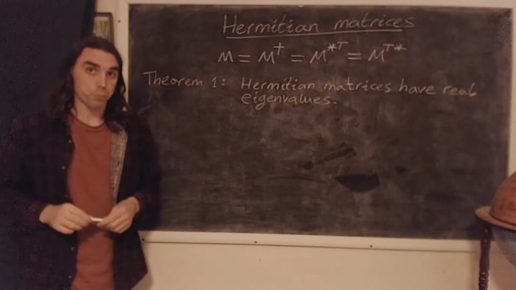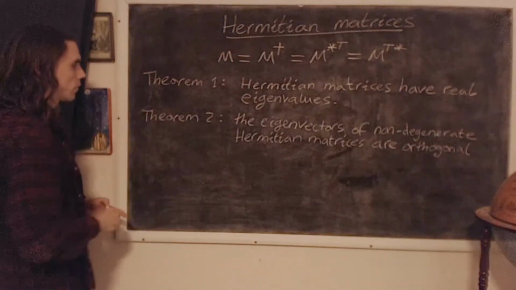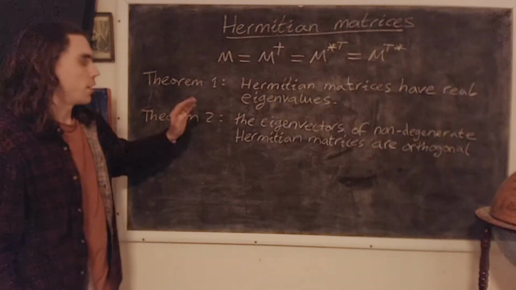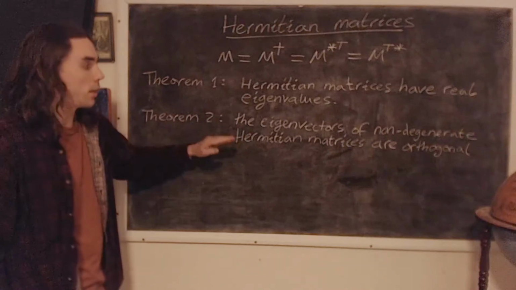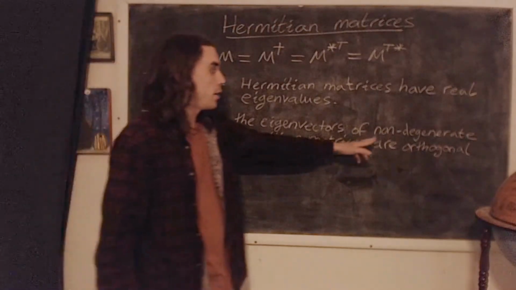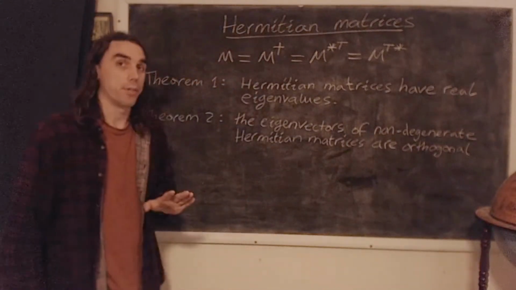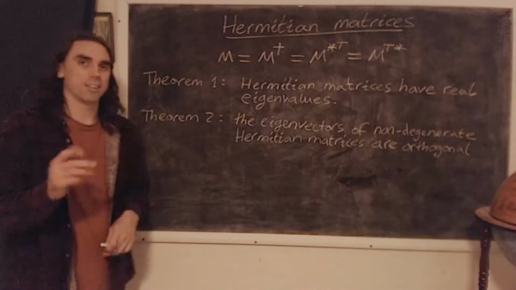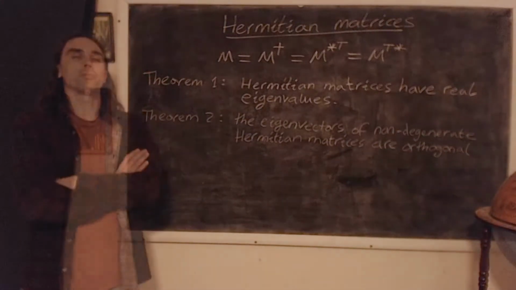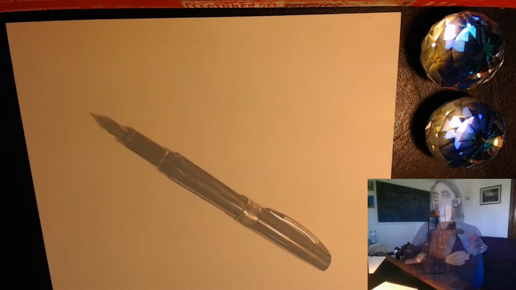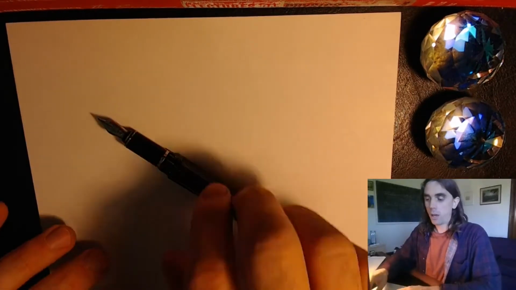Theorem 2. The eigenvectors of non-degenerate Hermitian matrices are orthogonal. Non-degenerate here means that no two eigenvalues are the same. Let's take a look at it in our worked example area. Okay, this time let's consider this object instead.